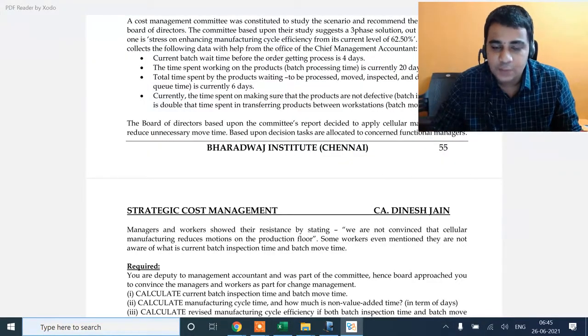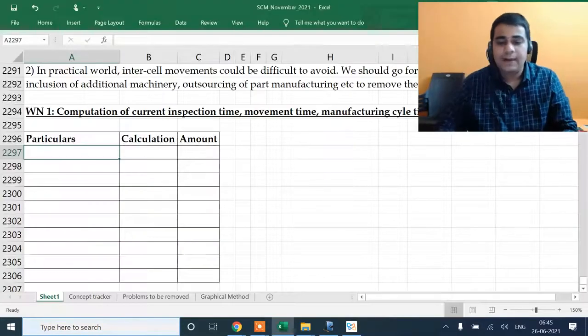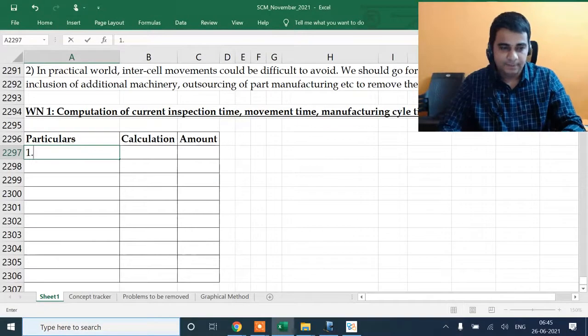Value added time is only one thing, which is called processing time. Your total time will include processing, movement, inspection, queue time, everything will be included in that.